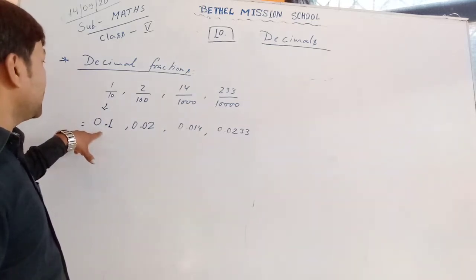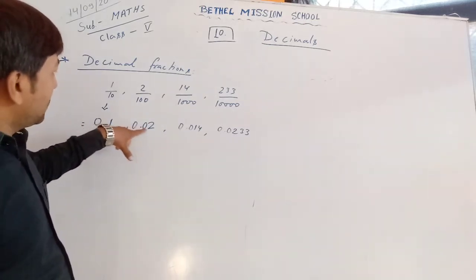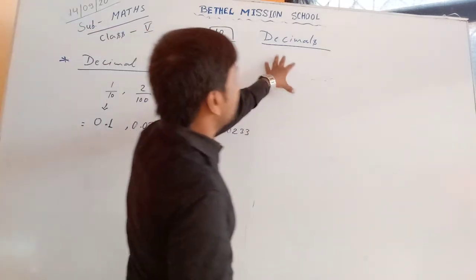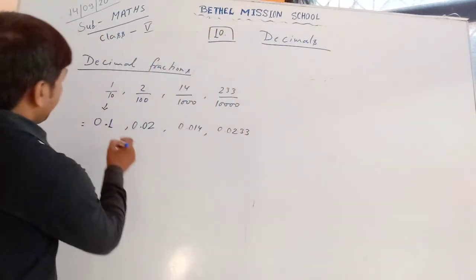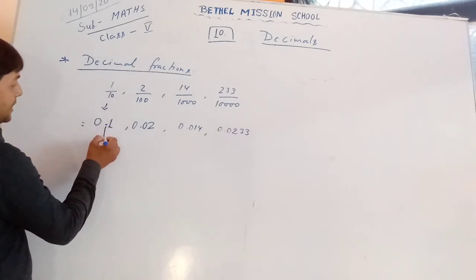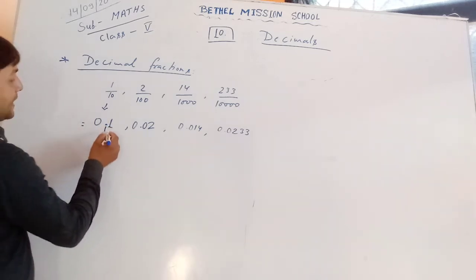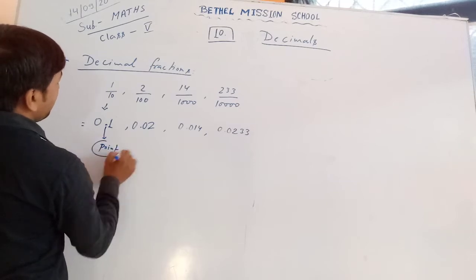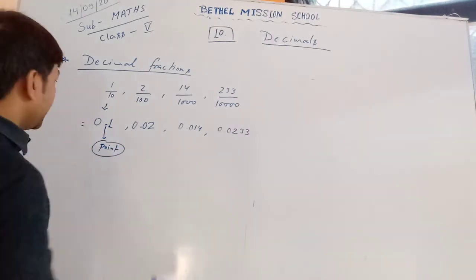Now I have written them in the form of decimals. These are called decimals, and this dot symbol is said as point. How will you read these?